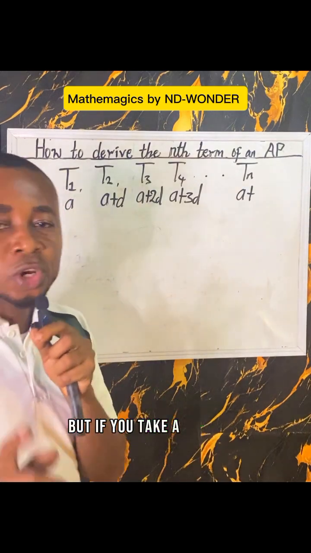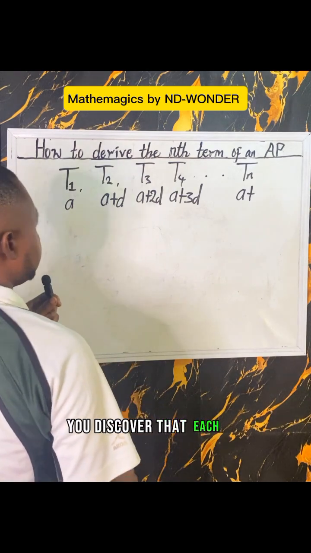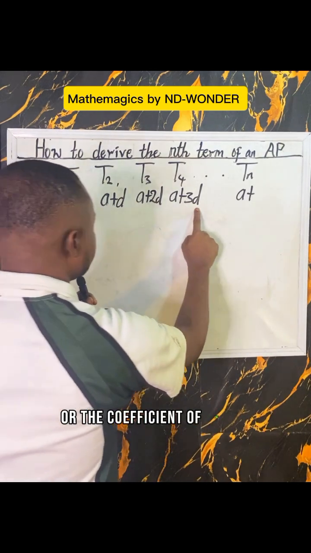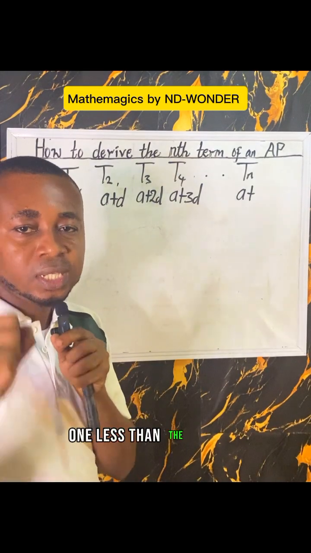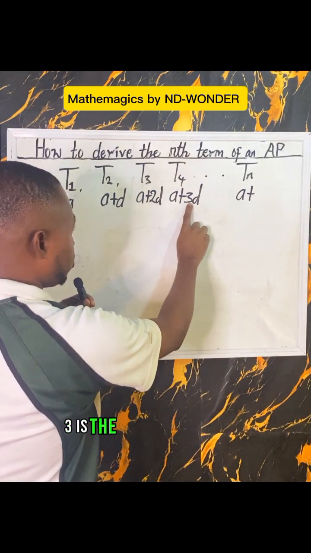But if you take a close look at this, you discover that the coefficient of the common difference is always 1 less than the term. 3 is the coefficient of D, right?